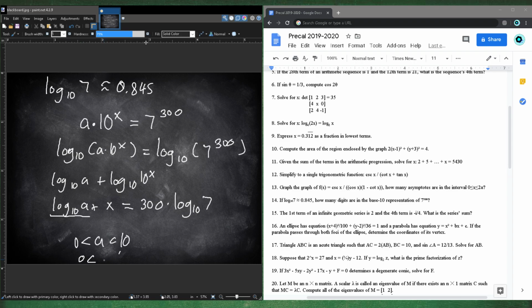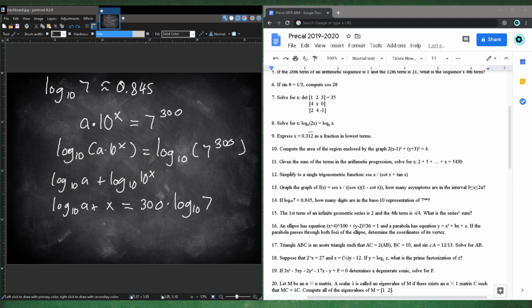So that's a number from 0 to 1, a decimal, plus x, which is an integer. That gives us a decimal equal to the other side. So if we want to find x, we just need to ignore the decimal part.